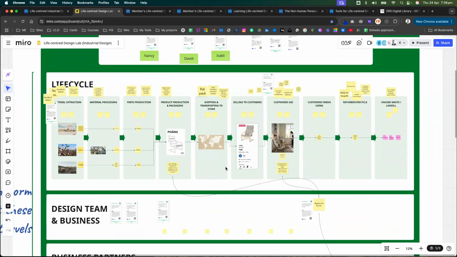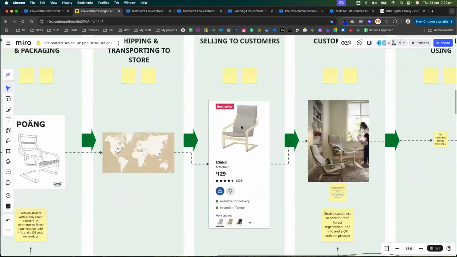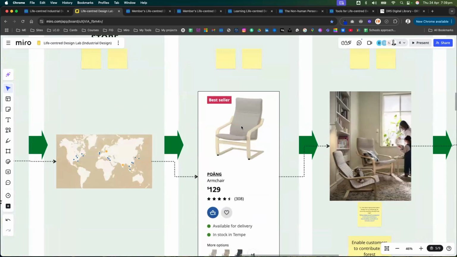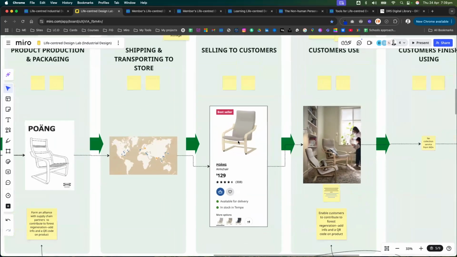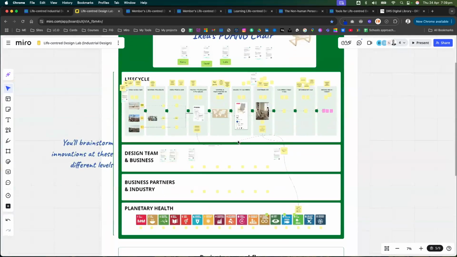This is what life-centered design does. It makes us zoom in and out from the product design to the life cycle, to the business, to the planet, and then back in. So we can keep aware of our direct and indirect impacts of this one little thing that we're creating and selling hundreds of thousands of, to benefit just a certain target people and the business. So thank you for bringing those ideas.